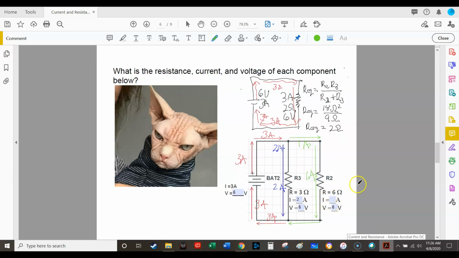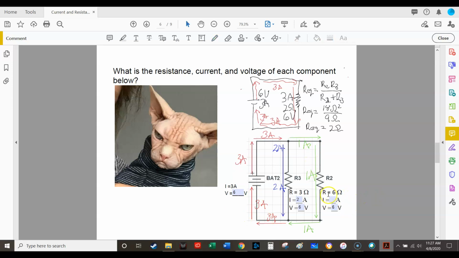Another way to say that is by looking at the actual problem here. Whoops. I'm going to keep drawing those 1 amps. This is 1 amp. And 2 amps coming in, 1 amp, 3 amps, so everything's adding up perfectly.